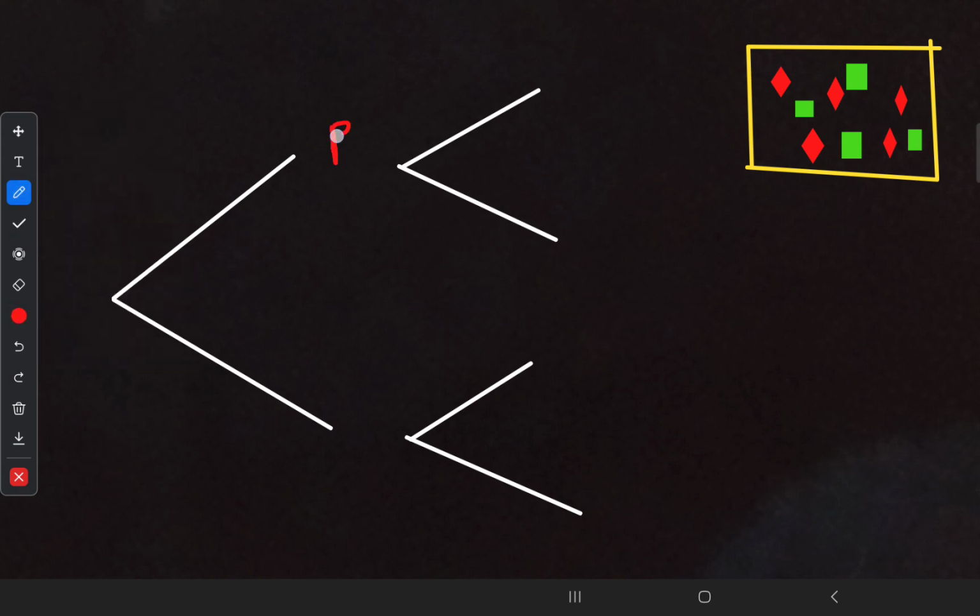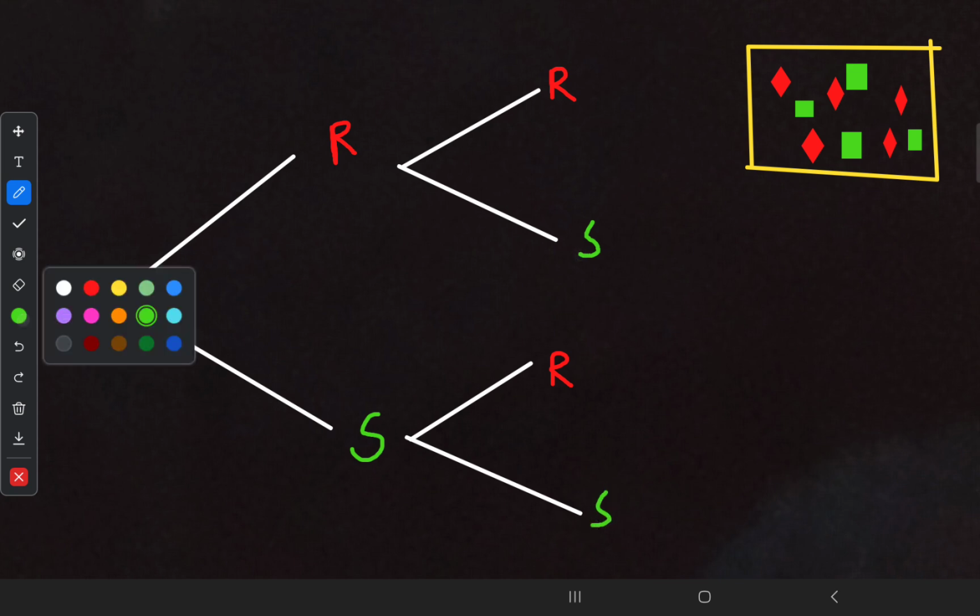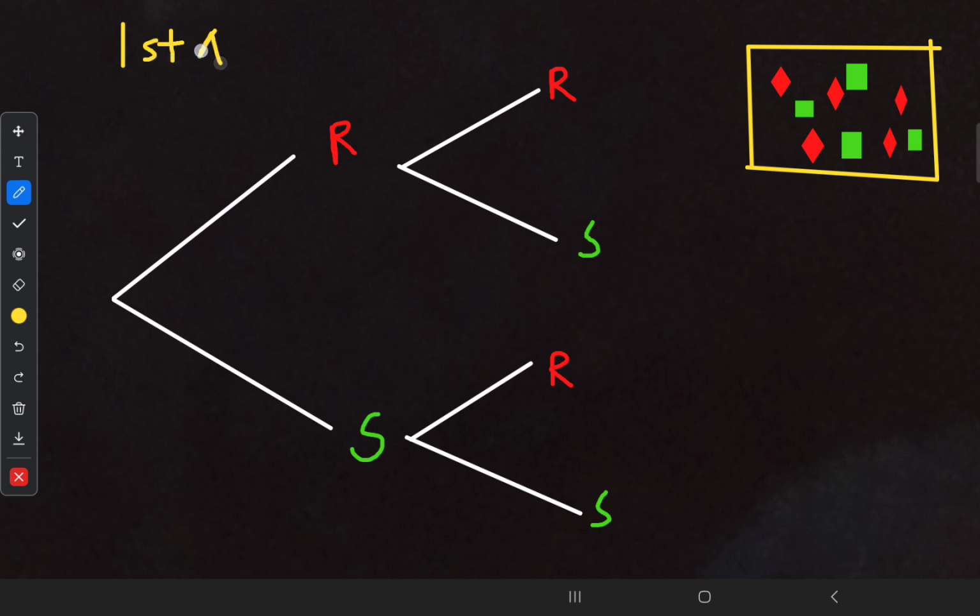There are some rhombus and some rectangles. Let's name them squares: rhombus and squares. In our first attempt, I am going to pick an object.